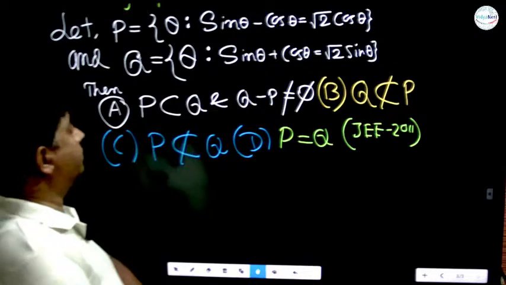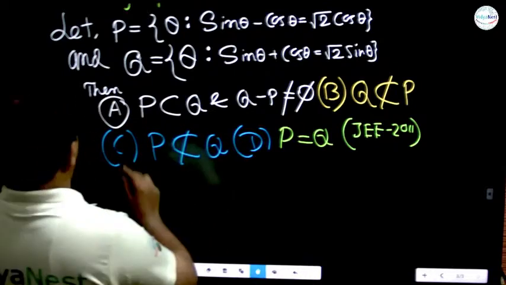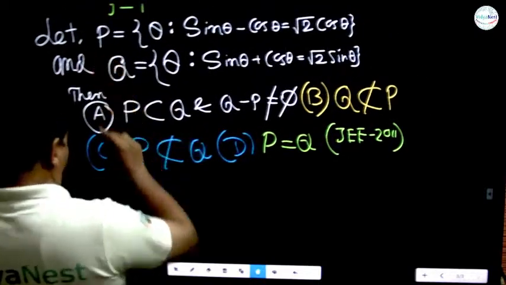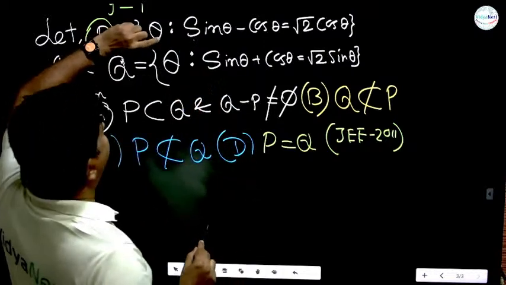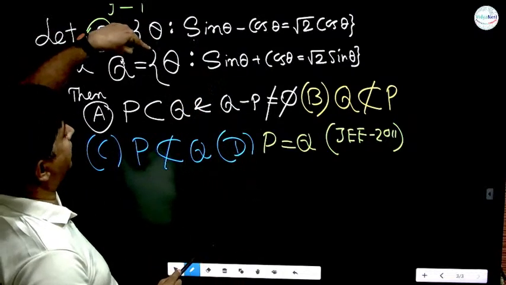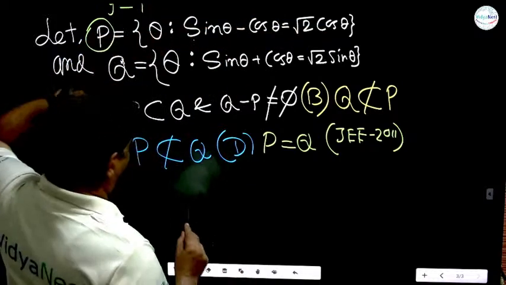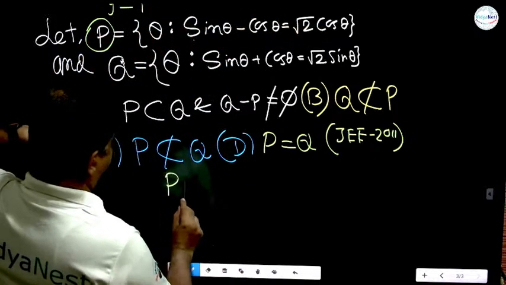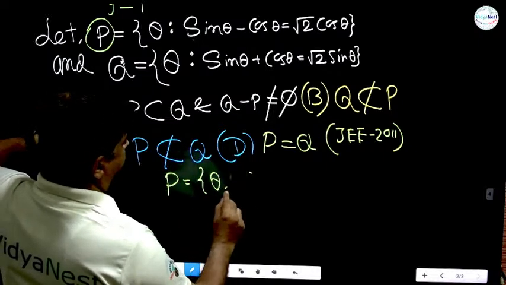Okay. Now, first I will choose set P, where P is the collection of theta, where theta can be derived by this equation. Let us take P, the collection of theta.